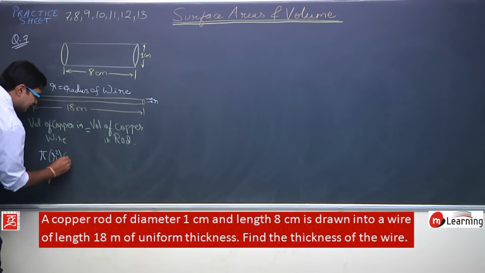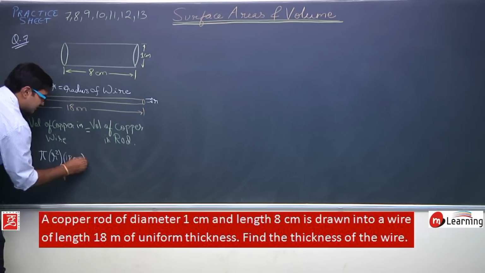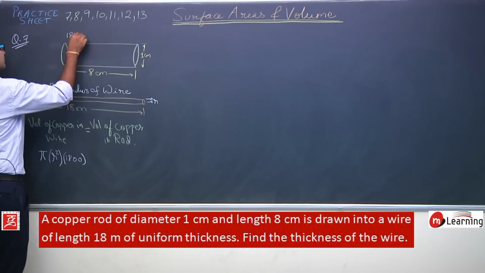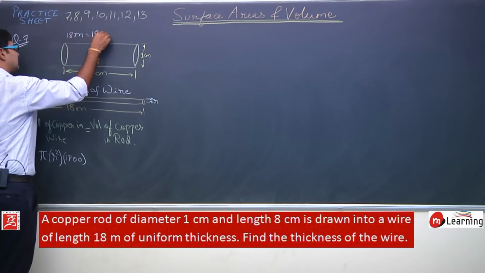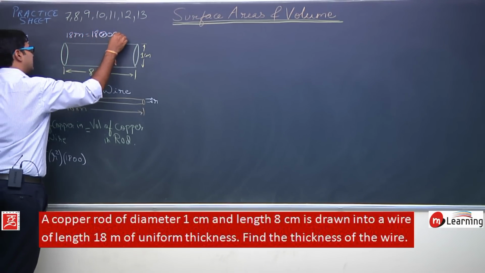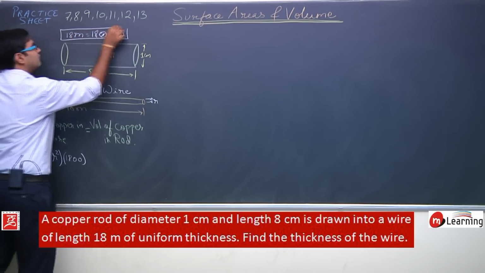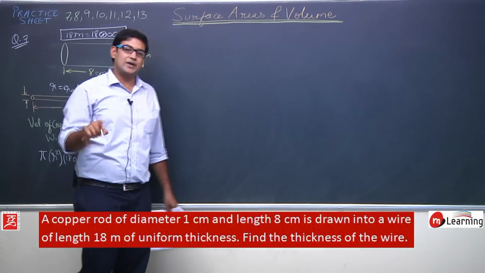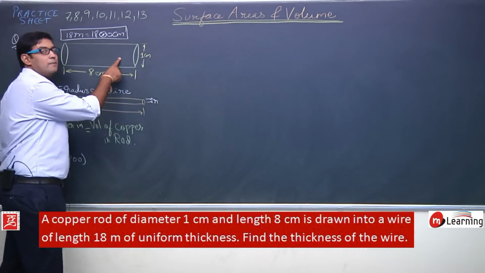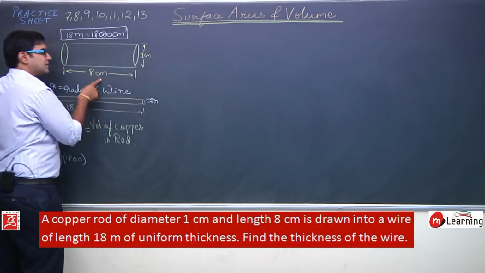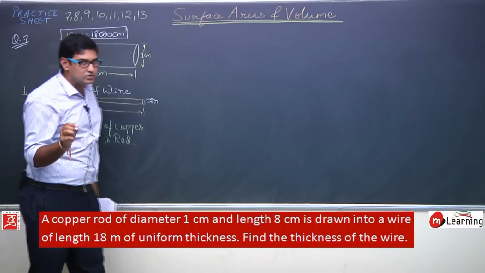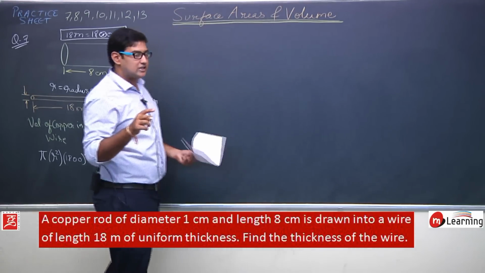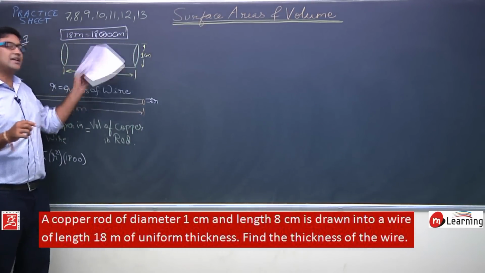It means it is 1800 centimeters. Now why have I converted this length into centimeters? It's because for the copper rod it is 1 centimeter and 8 centimeters, so the unit that is used is centimeters. That's why I have converted the length of the wire into centimeters.